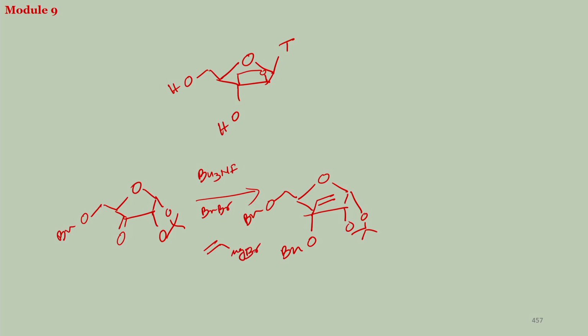Vinyl magnesium bromide is basically a Grignard reagent. How does a Grignard reagent react on a carbonyl carbon? This is the positive part, this is the negative part. So, this will attack here, and it will open up the O minus. In order to stabilize the O minus, you can use the BnBr. So, it can take OBn here, that is how it will be forming.